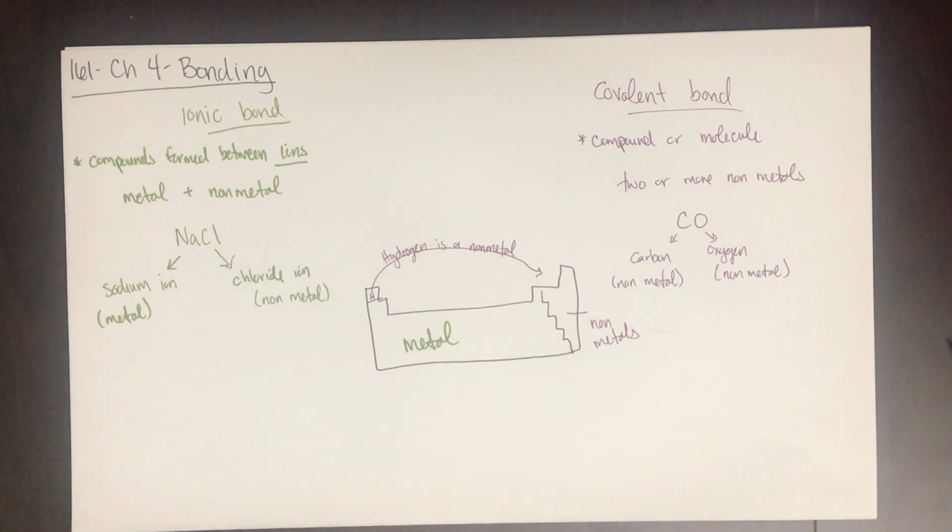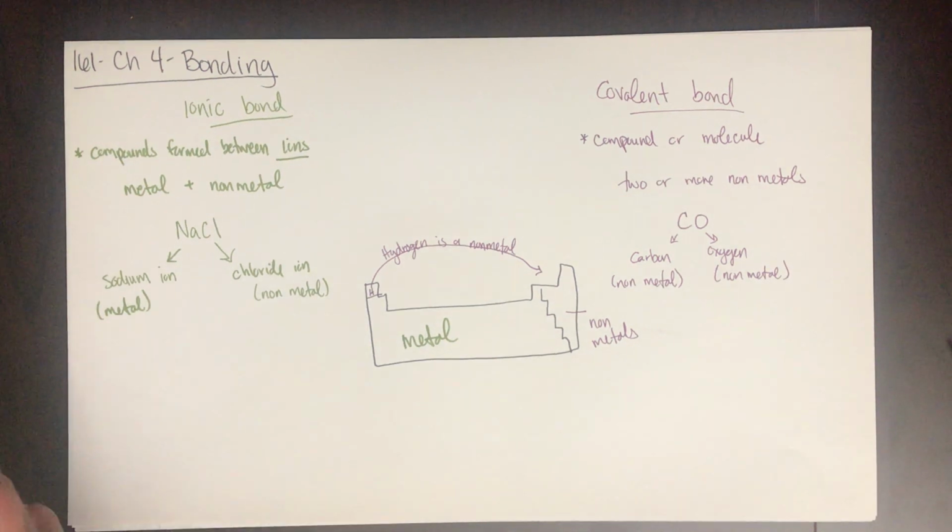There's two totally different sets of rules for ionic bonding and naming versus covalent bonding and naming, which is why the first most important thing that you need to do is identify if it's ionic or covalent. And then again, the exception is hydrogen is a nonmetal, even though it is found to the left of the metalloid staircase. Okay.